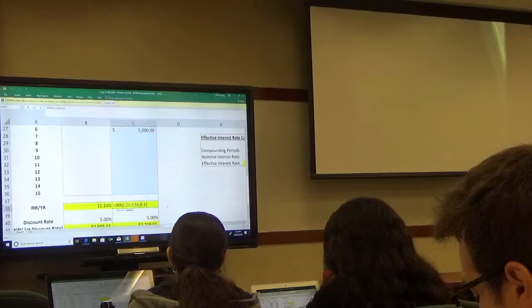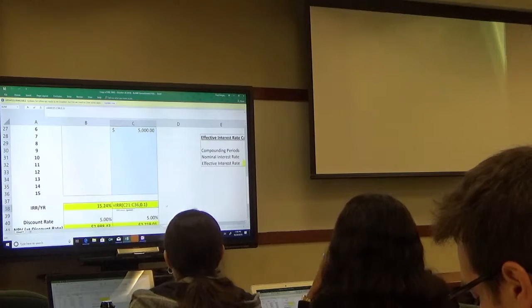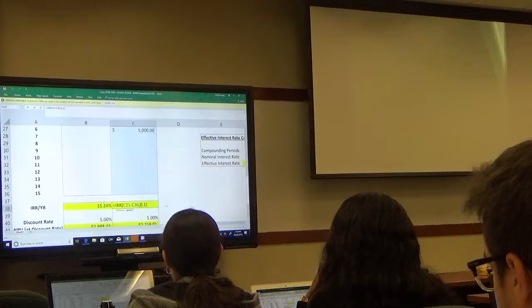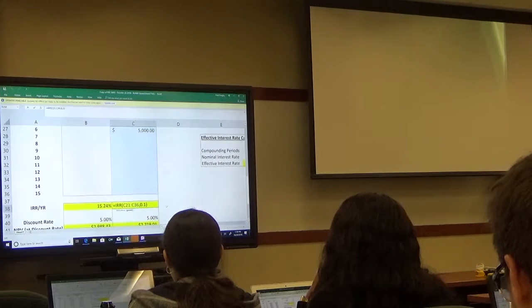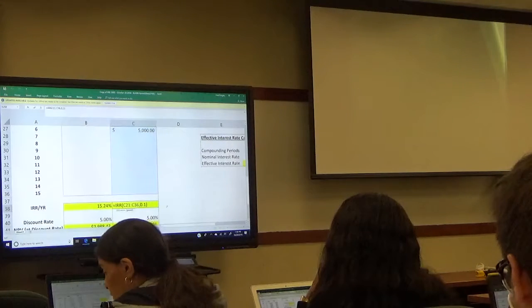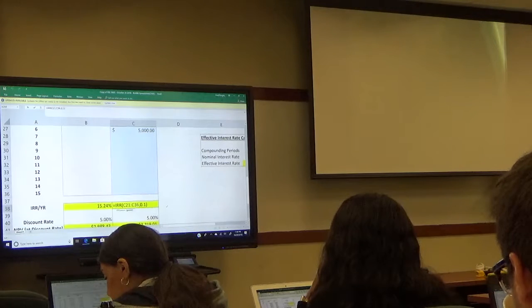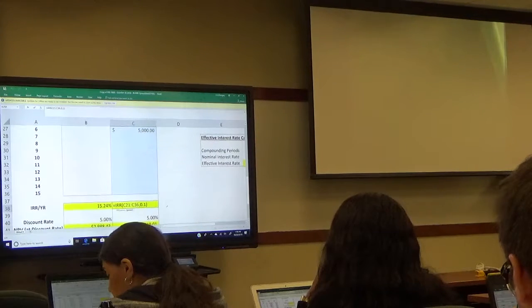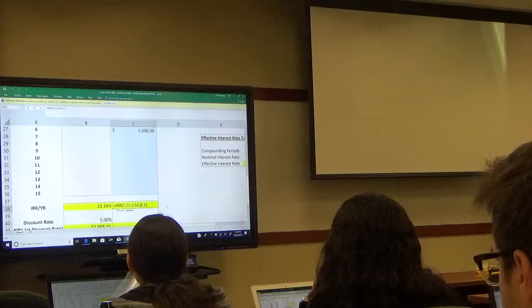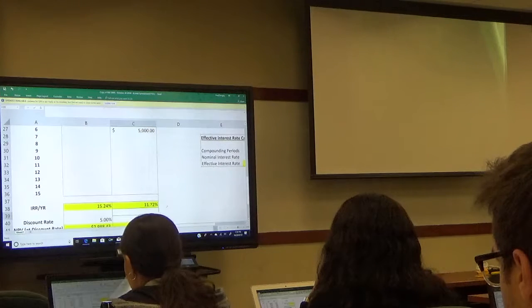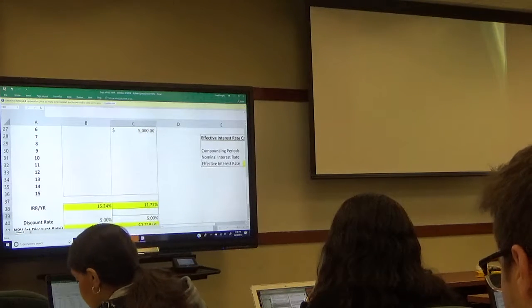All right, so once again, for the internal rate of return, for the second column, just simply equal IRR, open parentheses, C21, colon, C36, comma, 0.01, close parentheses. And you should get 11.72.